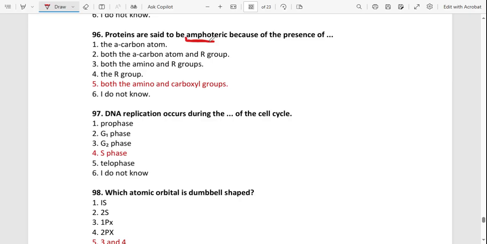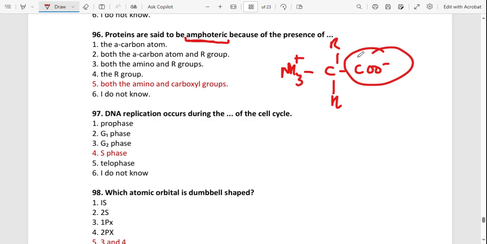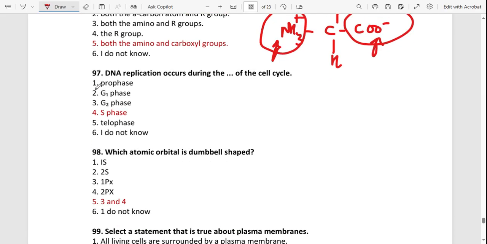So because of that, when you look at a protein, this end is basic, this end is acidic, this is amino end, this is a carboxyl end. Amphoteric means acid and base at the same time.